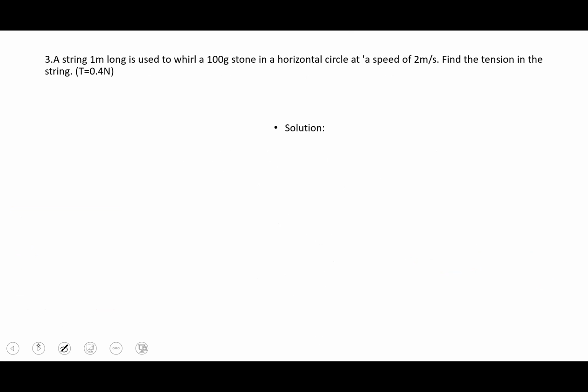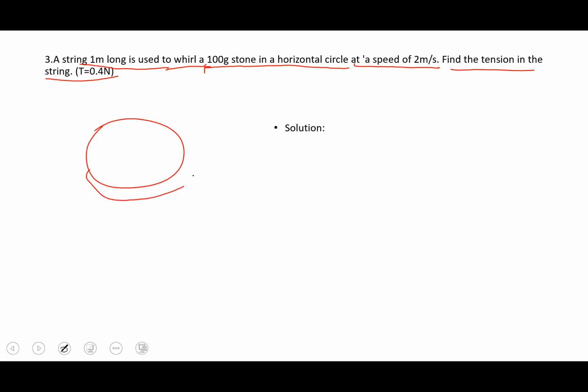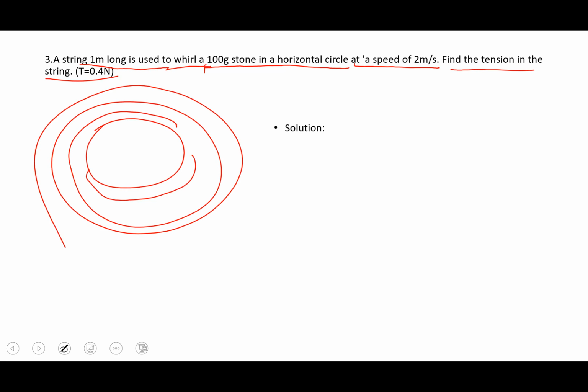Next question: a string is 1 meter long, whirling a 100-gram stone in a horizontal circle at a speed of 2 meters per second. Find the tension in the string. Now there's a horizontal circle like this, and a string is basically whirled around it.